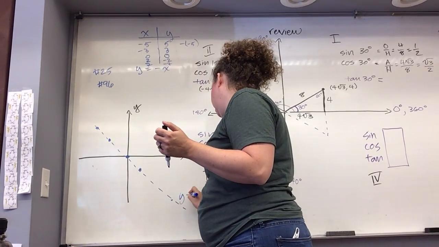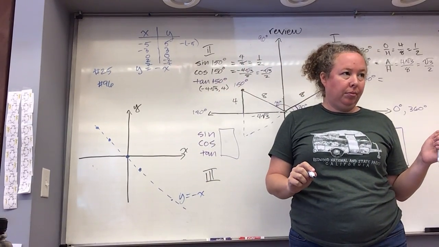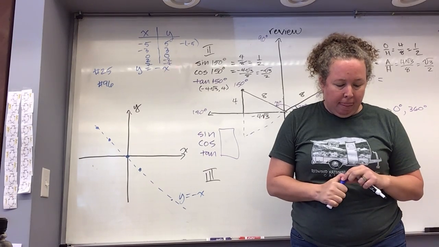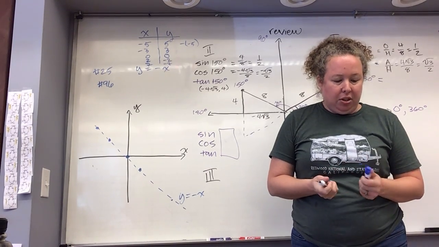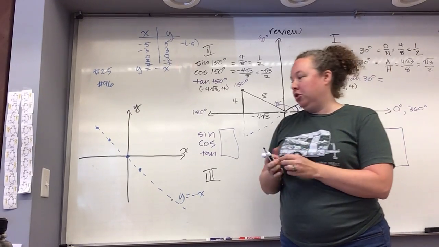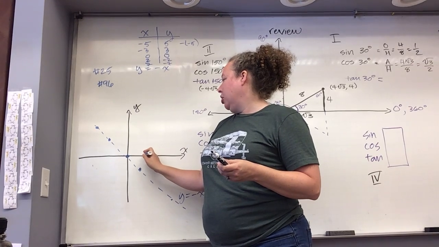So here is y equals negative x. And now we're told to find the values of the 6 trigonometric functions of theta in quadrant 2. So remember that we start here.